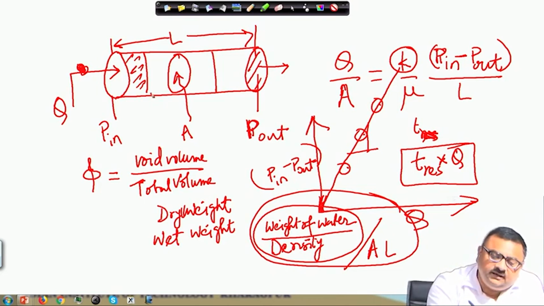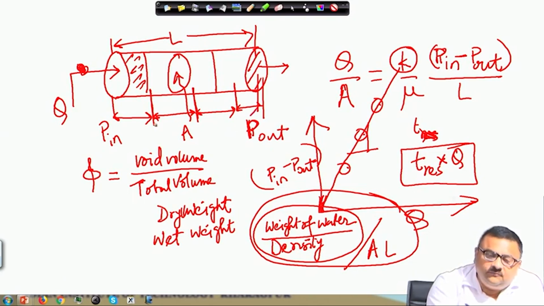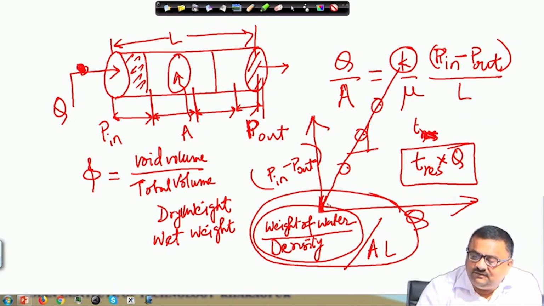For that, typically you introduce pressure ports at regular intervals. Instead of relying only on P in and P out, you can have pressure ports at intermediate locations, and you measure the pressure drop between these points, then between the next points, similarly between these, and then between these two. When you apply the same equation, you will have not just one line but several lines, one line for each section.